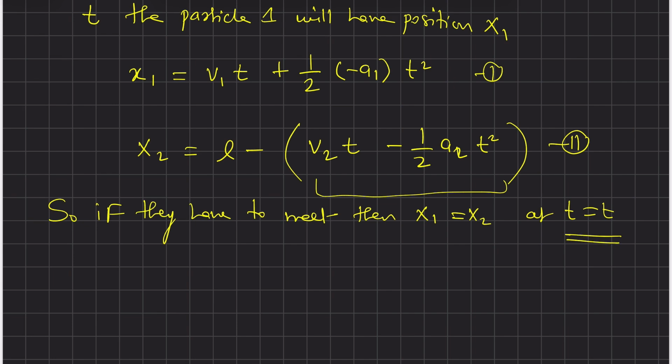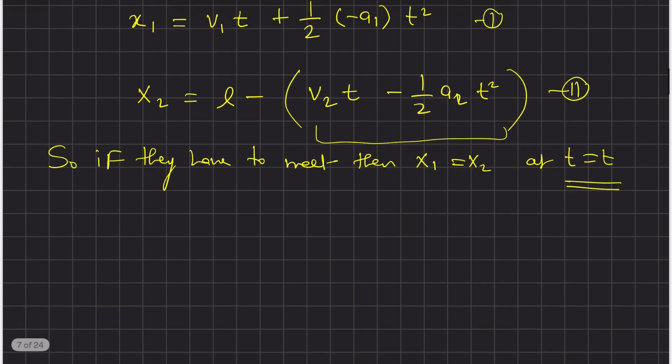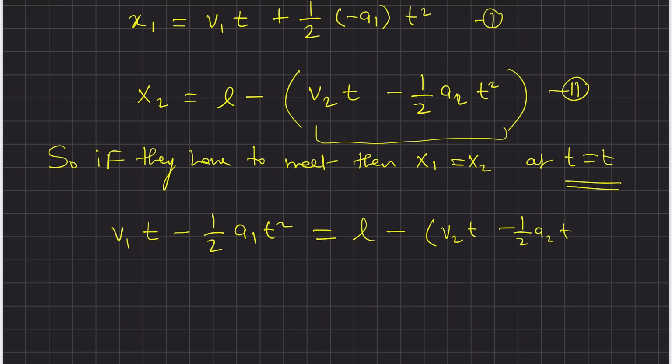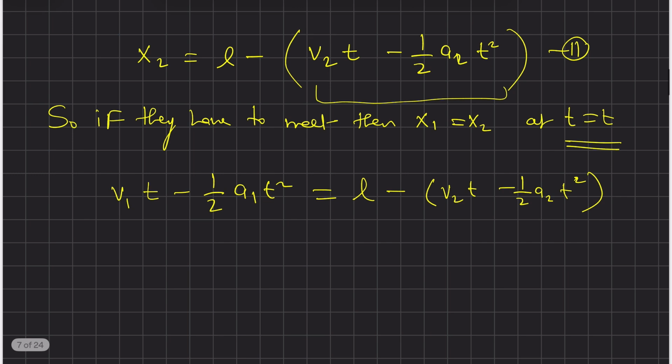So let's equate both of them. It will become v1t minus half a1t square is equal to L minus v2t minus half a2t square. Okay guys, let's do a little bit of separation here and there.